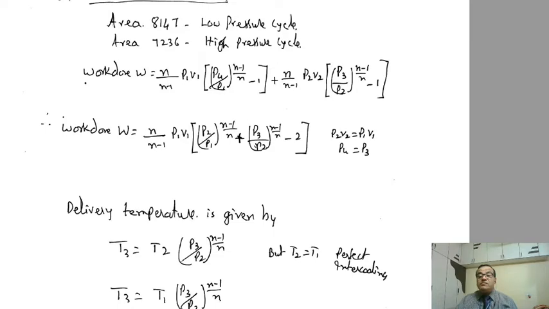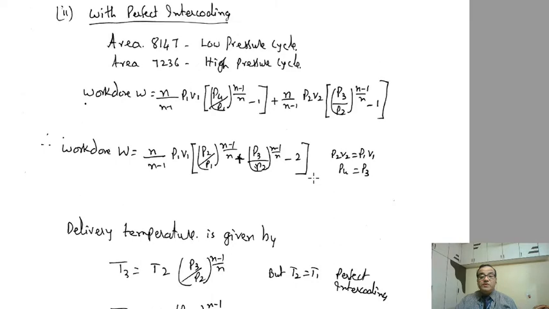So work done for perfect intercooling is area 8147 low pressure cycle and area 7236. So just see the PV diagram here.